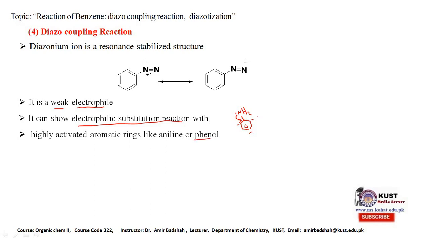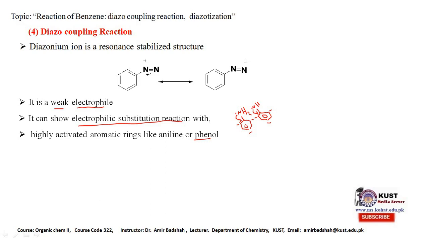Same is the case of phenol. In phenol, the OH group which is present on the ring is also an electron donating group. These electrons in oxygen are shifted to the ring, and by shifting of electrons to the ring, the density of electrons on the ring increases, especially at ortho and para positions.